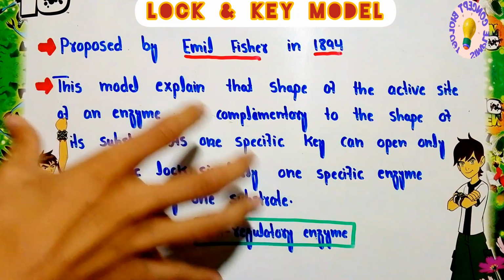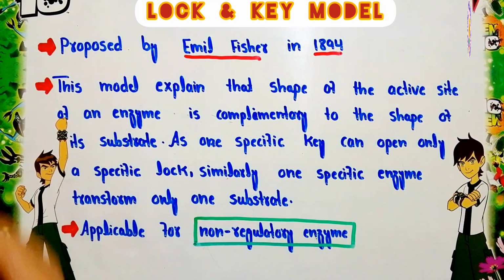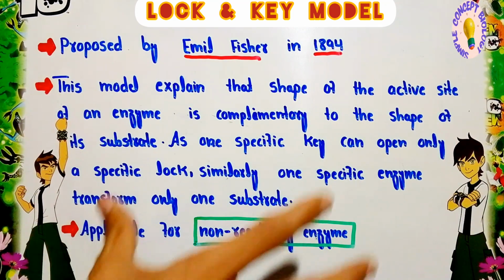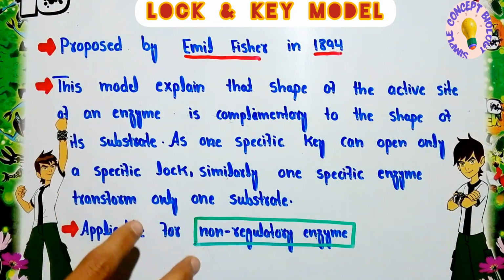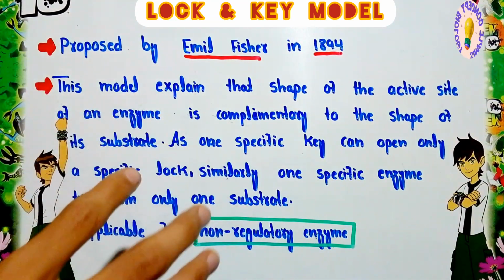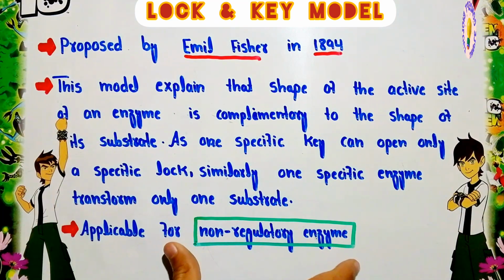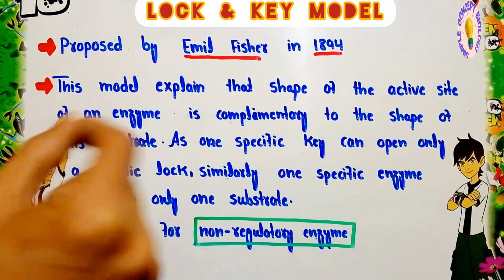This activity is not affected by physiological conditions or the presence of any other biomolecule. So this kind of situation cannot affect the activity of this enzyme, meaning this non-regulatory enzyme performs a specific function.